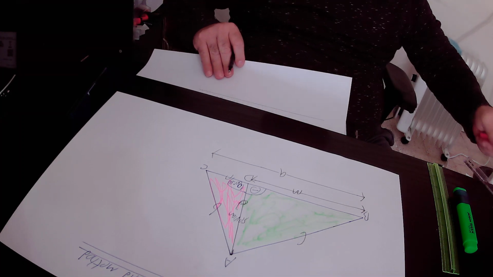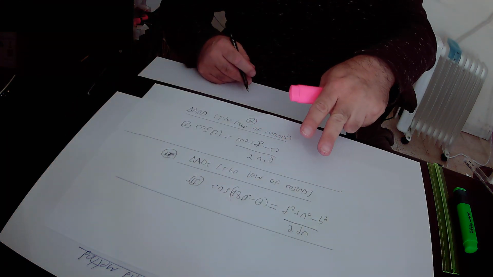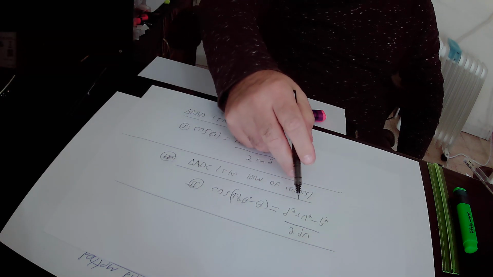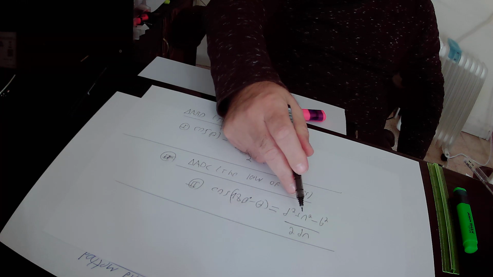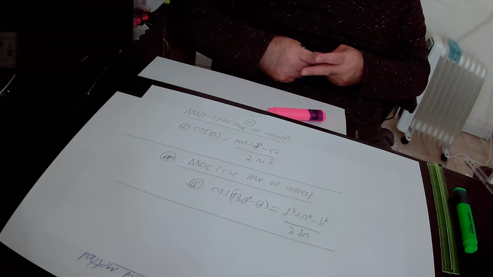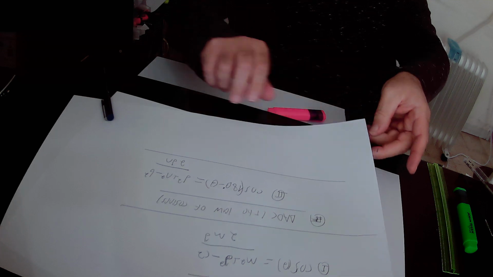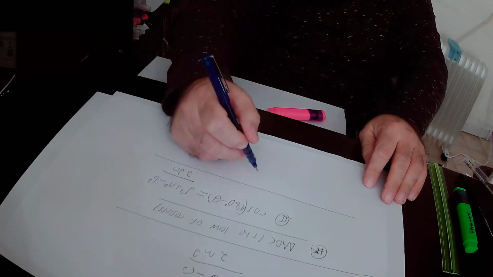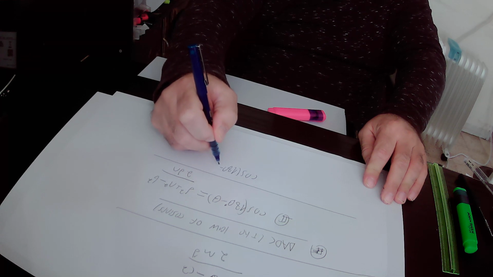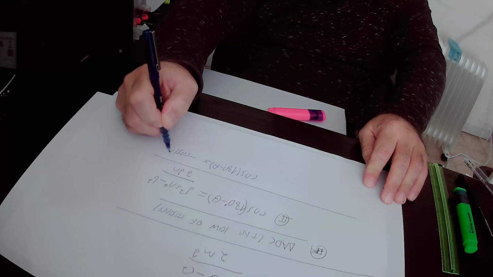Repeat again. In the pink triangle ADC, according to the law of cosines, we get that cosine 180 degrees minus theta equals d square plus n square minus b square over 2 times dn. According to the trigonometric identity, cosine 180 degrees minus theta equals minus cosine theta.